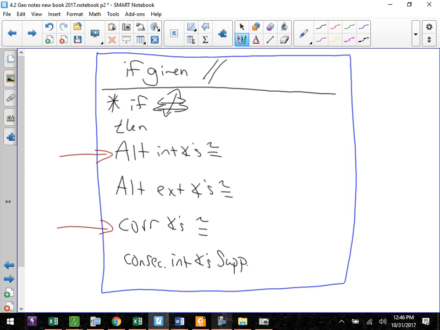I rarely see consecutive interior and alternate exterior. It doesn't really play nicely with triangles, to be honest with you. So usually you're looking for one of those 2. I would just quickly, maybe off to the side, remind yourself of what they look like.